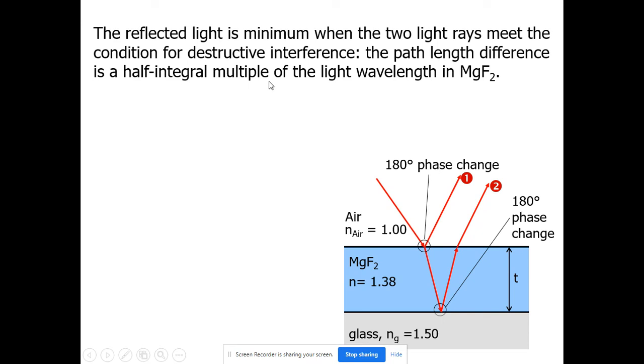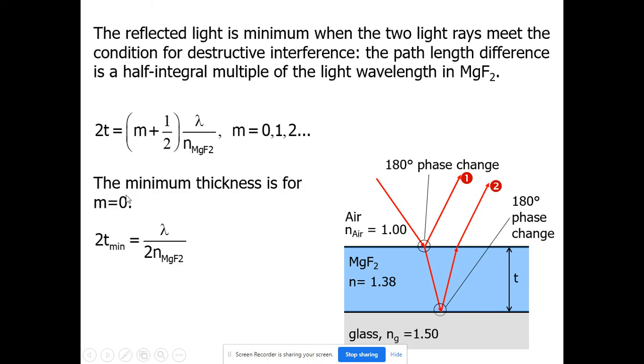We need a half integer multiple to get destructive interference, and this path is now only 2t. There is no need for the lambda by 2, because the phases are both the same. So 2t must be equal to (m plus half) lambda by n of MgF2. Since we require the minimum, m should be equal to 0.